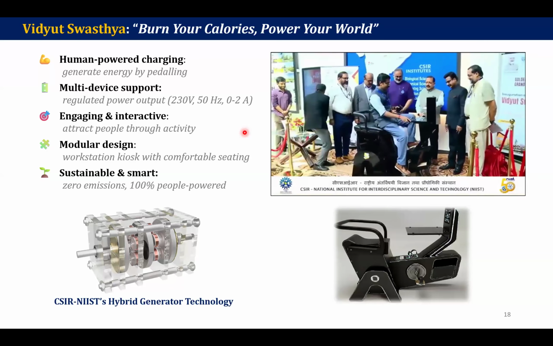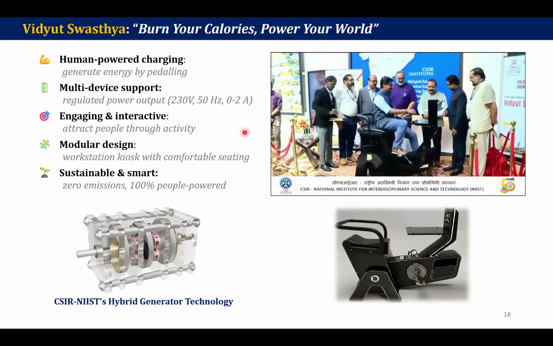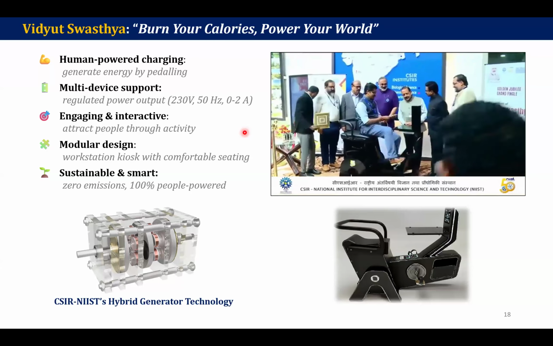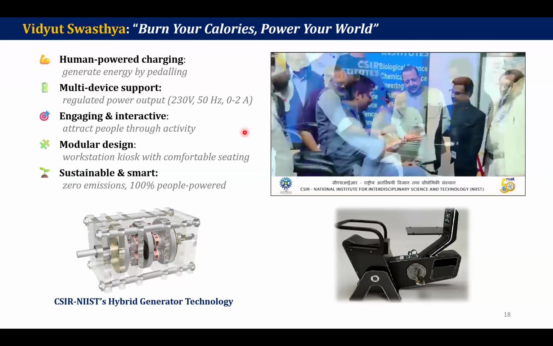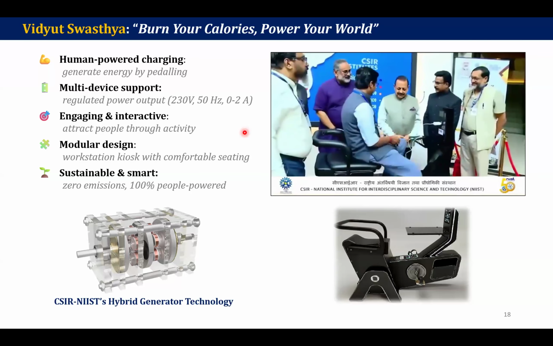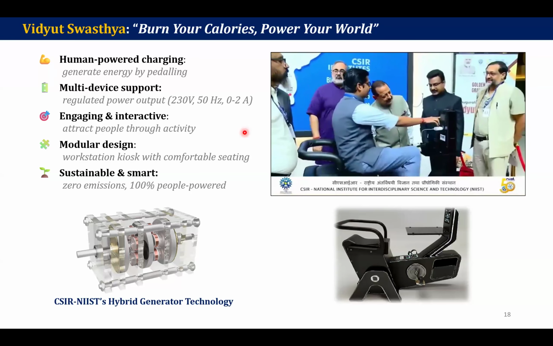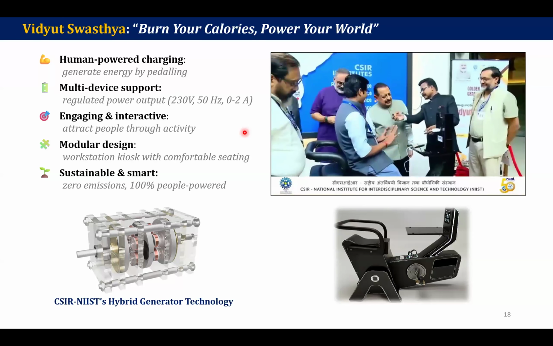And we are getting a regulated power output like 230 volt, 50 hertz, and 2 amps. This is basically an engaging and interactive device with a modular design. So you can do exercise and charge your mobile phone. You can burn the calories, and in real time you can see the status. So that is basically CSIR NIST's hybrid generator technology.